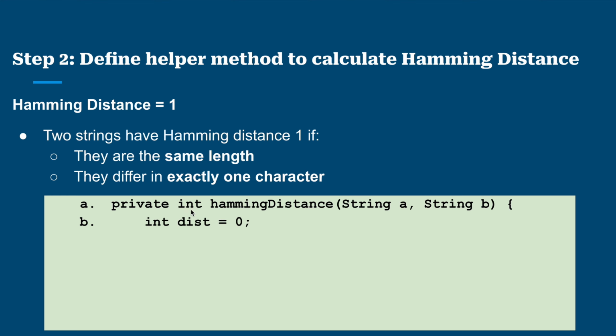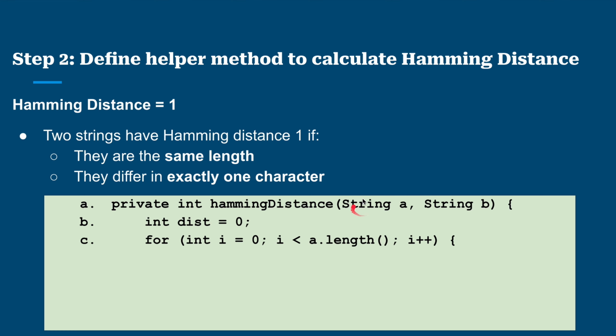Then we define an int distance equal to 0, a variable for the function. Then we create a for loop and go through all the characters of the first word, and check each character against b.